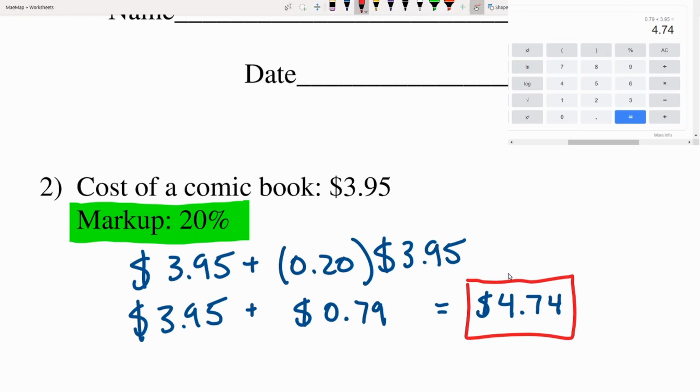If we look at number one and number two, we took that original amount and added it to some markup decimal, I'll write this as M decimal just for now, times the original amount. We can simplify this formula.